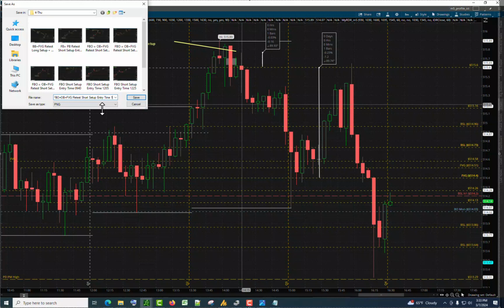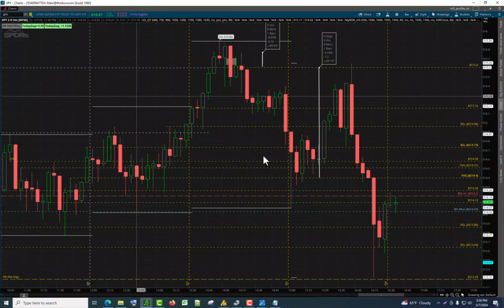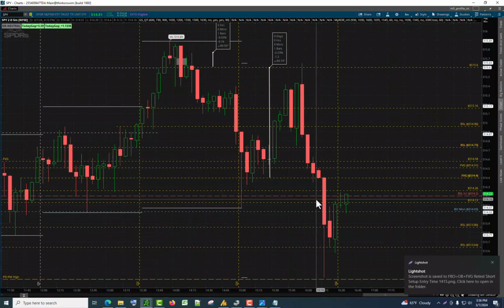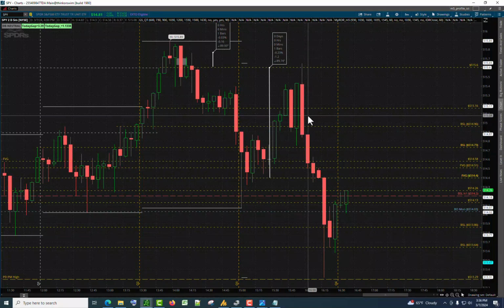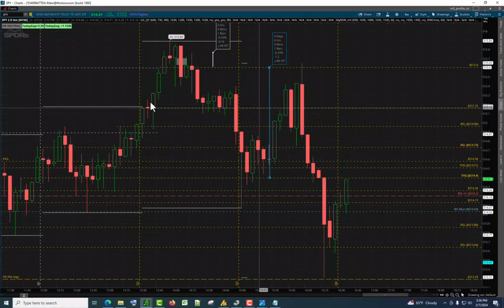Entry time is 14.15. Yeah, basically 2 legs down right there.